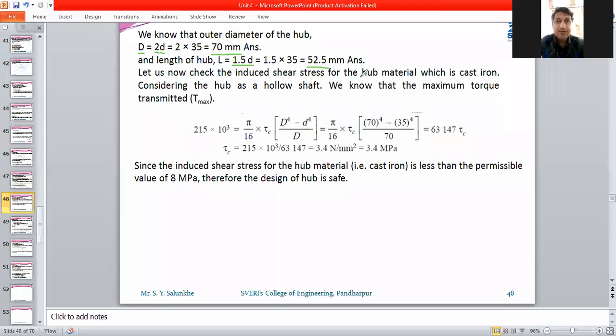Let us now check the shear stresses which will be induced in the hub material, which is made up of cast iron, and whether these dimensions are capable of sustaining that shear stress.